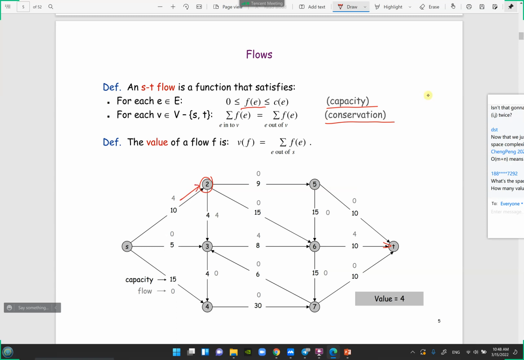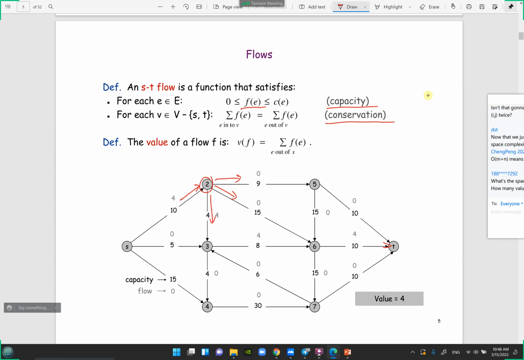And because the flow is going into this node, it also has to come out somewhere. For node 2, there are 3 different edges on which the flow can come out. You can either send the flow off to node 5, or to node 6, or to node 3.